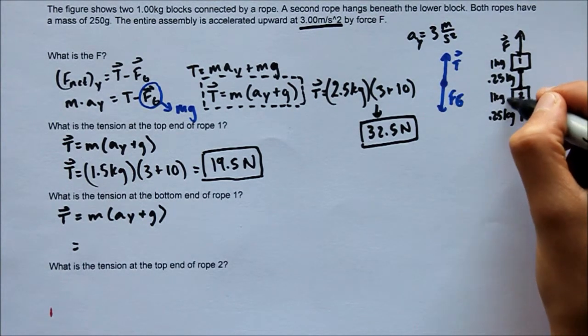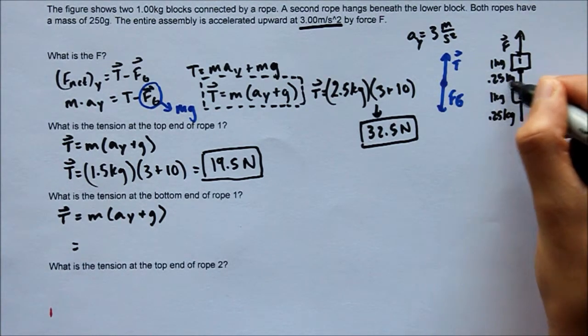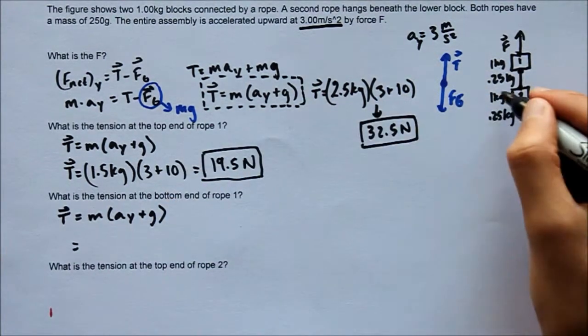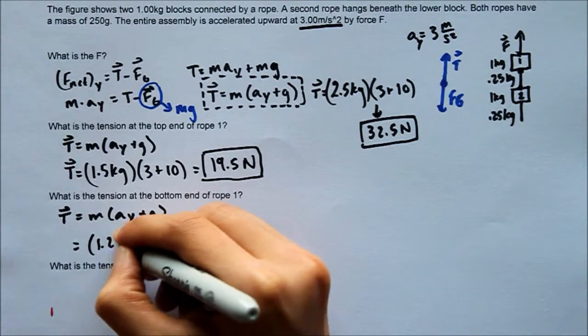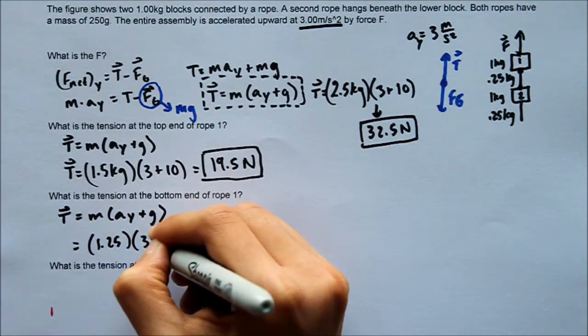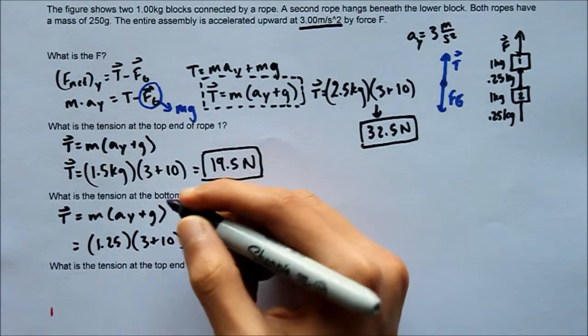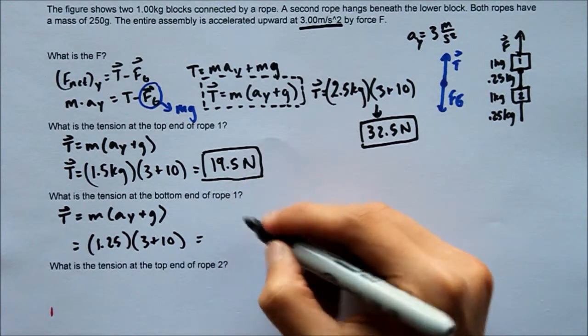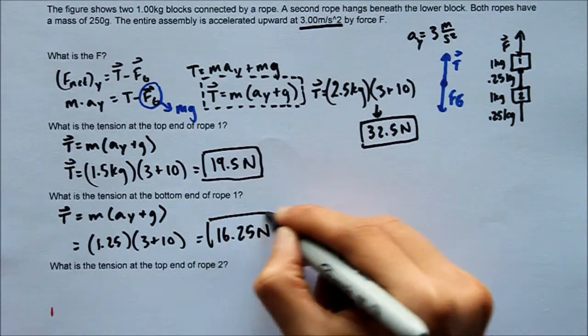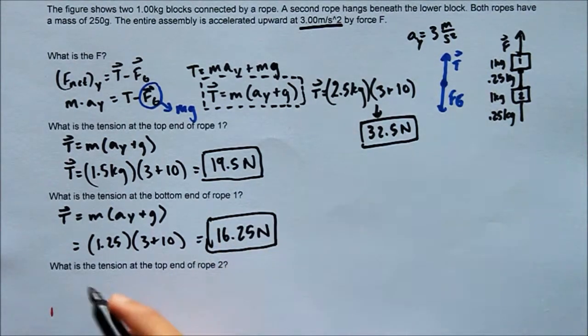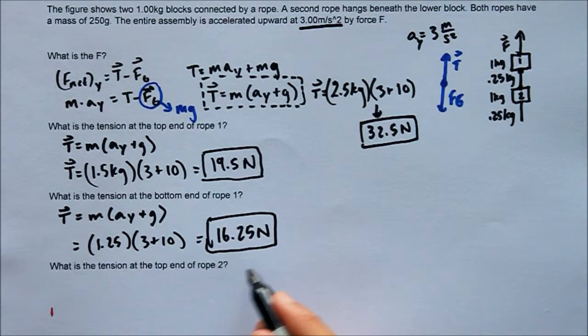So if I draw my point and circle everything underneath, that 0.25 is going away from my mass up there. So that's just going to be 1 plus 0.25, so it's going to be 1.25 times 3 plus 10. And that's going to give me 16.25 newtons. Perfect.